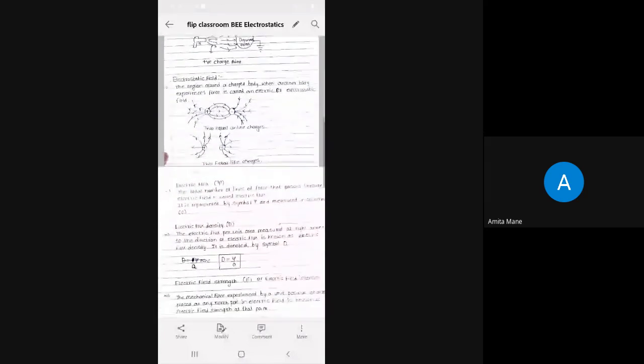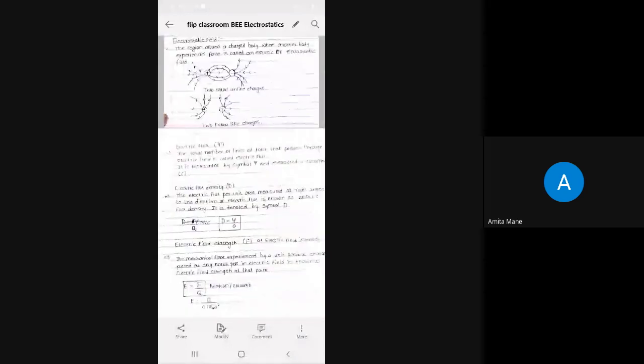Now we will move to the next part, electrostatic field or electric field. The region around a charged body where another body experiences a force is called the electric field. Here two diagrams are shown: two equal unlike charges will attract each other, and as we know the property of electric field lines, they start from the positive charge and end at the negative charge.